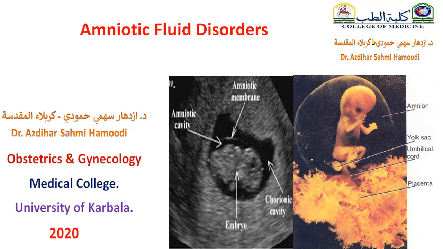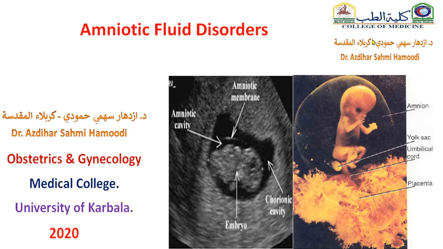What is amniotic fluid? The amniotic sac is filled with a clear, pale, straw-colored fluid in which the unborn baby floats and moves. Amniotic fluid has many important functions. It helps to cushion the baby from bumps and injuries and maintains a constant temperature for the baby.